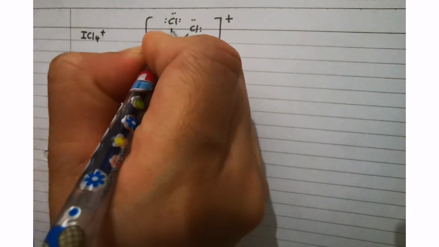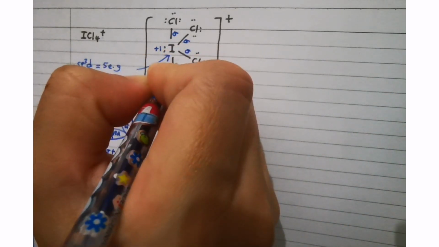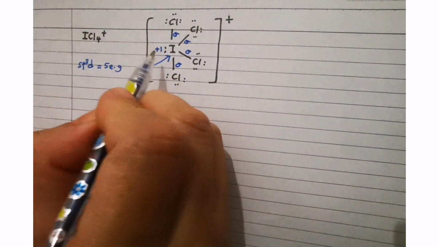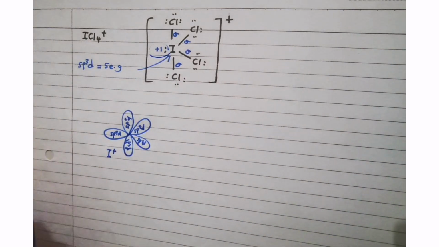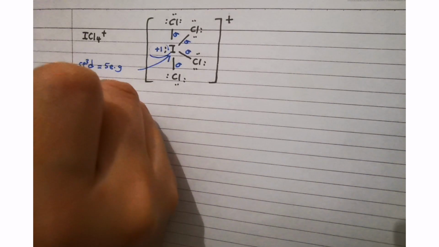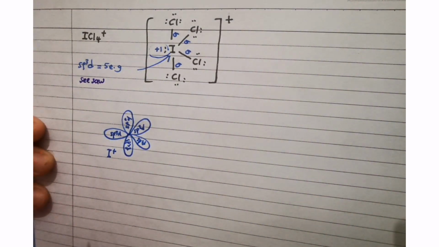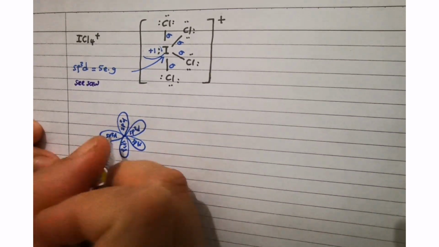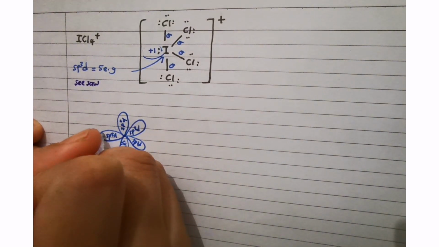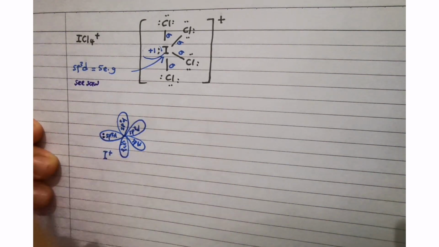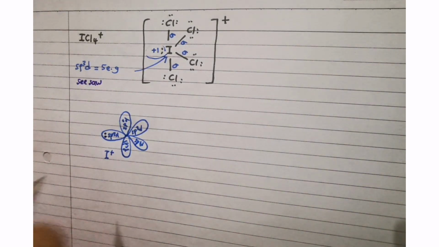From the Lewis structure, we have 1, 2, 3, 4 sigma bonds and 1 lone pair. When we have 4 sigma bonds and 1 lone pair, the molecular shape will be seesaw. So 1 bond at the triangle plane will be substituted with the lone pair.